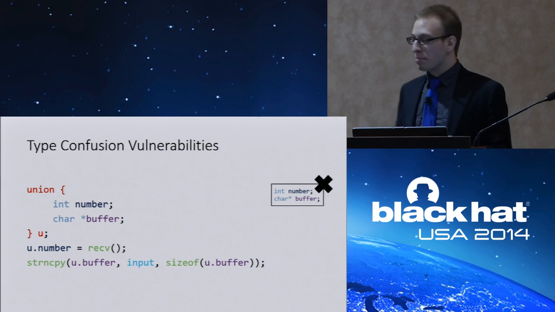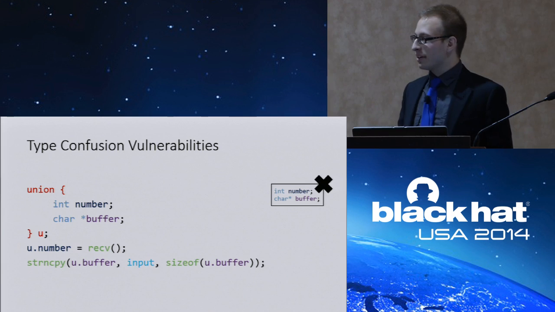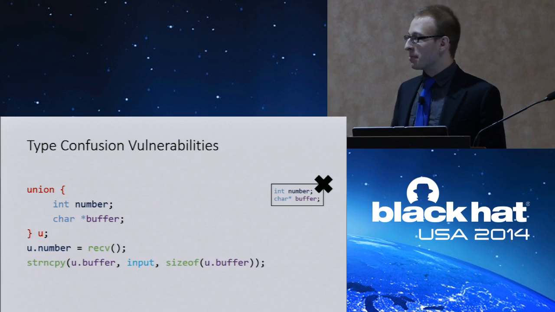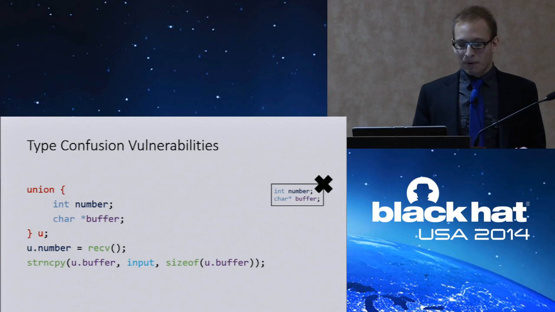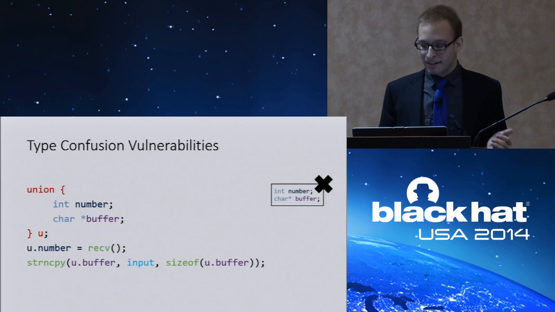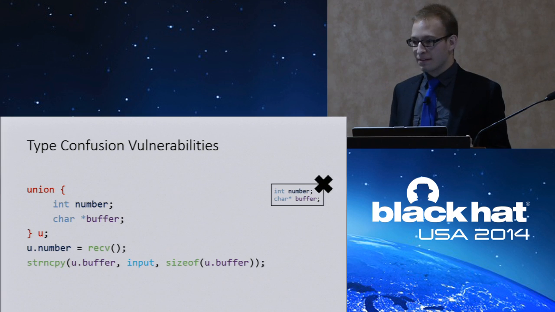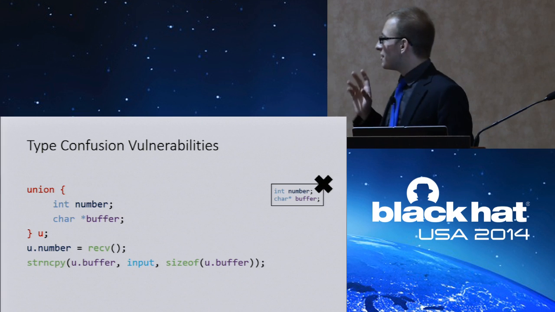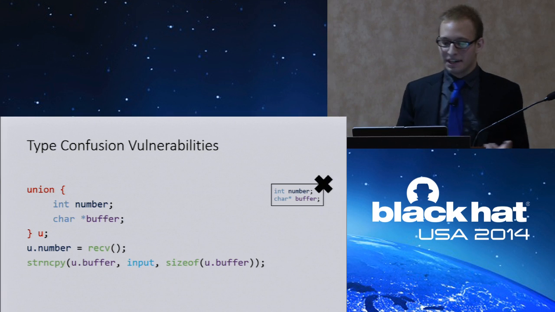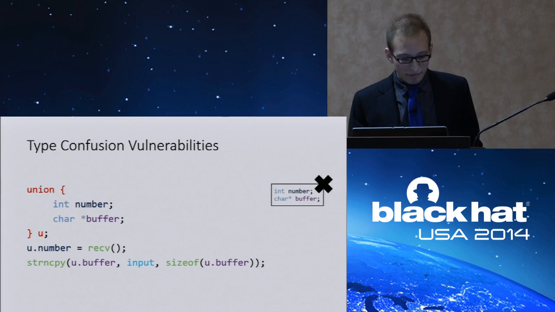The 4 bytes that we read into number are going to be used as an address to a string in strncpy, and we're going to be reading user input into an arbitrary location for whatever length buffer is sized. Does that make sense? Okay. So we have an arbitrary write vulnerability here because of the type confusion between the integer and the char pointer.